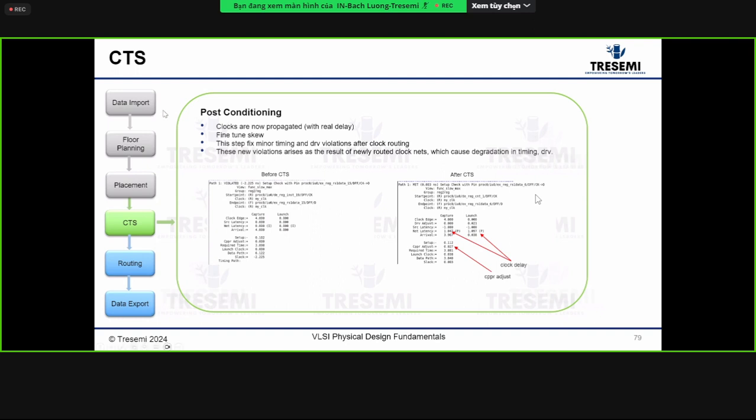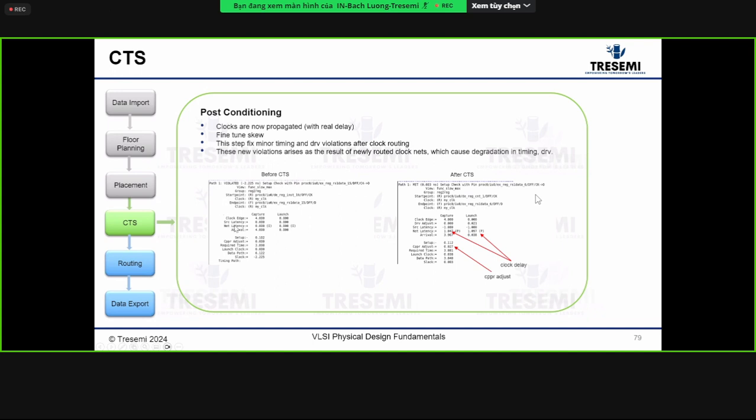And it also fixes any minor timing or DRV violations after the clock is in. So I said these new violations arise as a result of newly routed clocks, which cause degradation in timing and DRV. Okay.